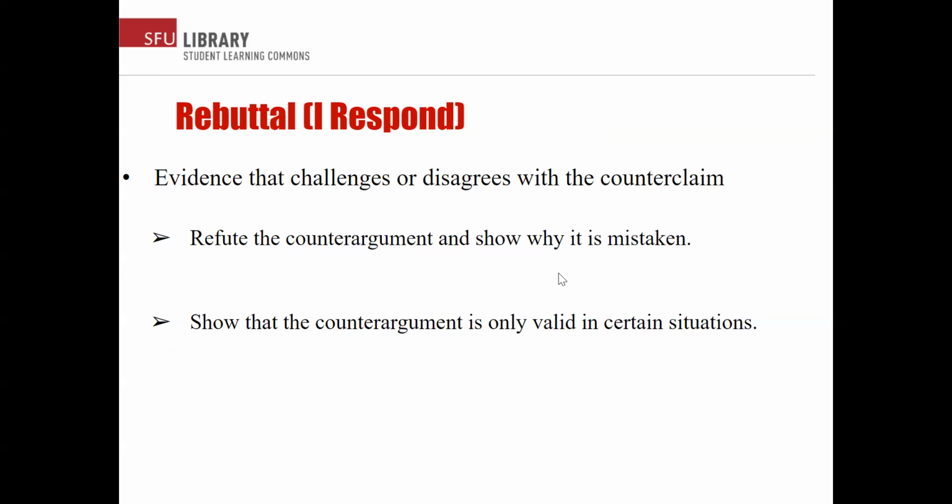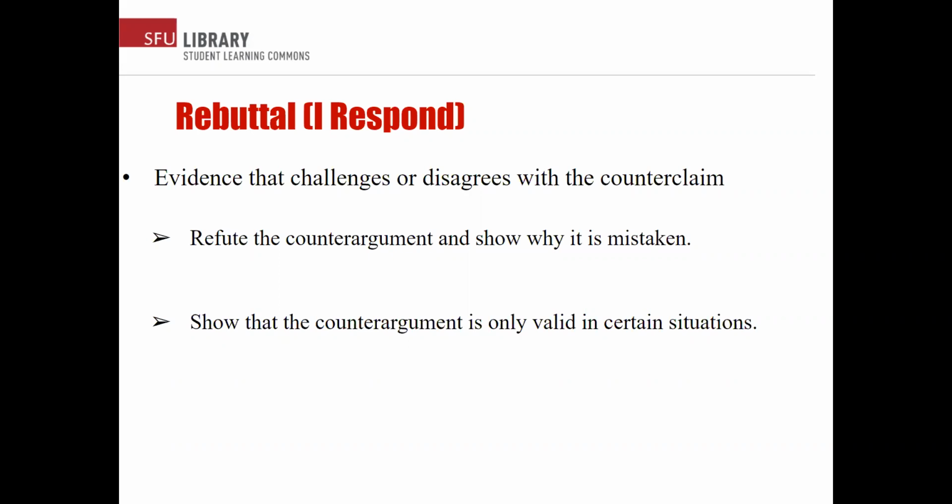You can either refute the counterclaim and show why it is mistaken. Here you want to say your opponents failed to provide enough evidence to support their argument, or maybe their evidence lacks credibility or is flawed.